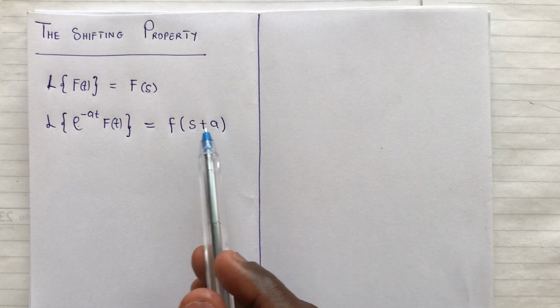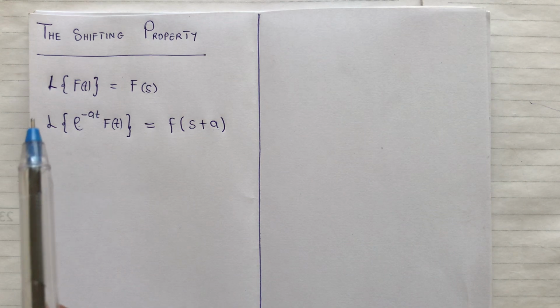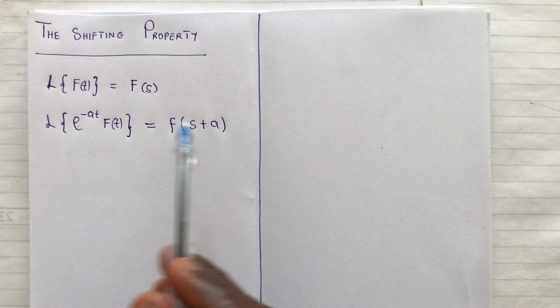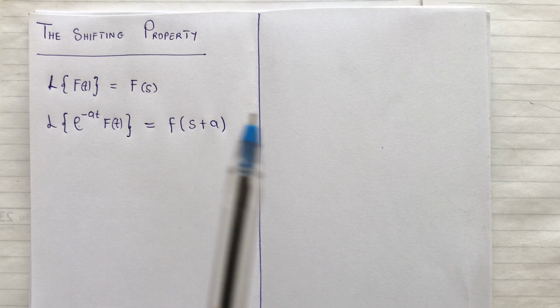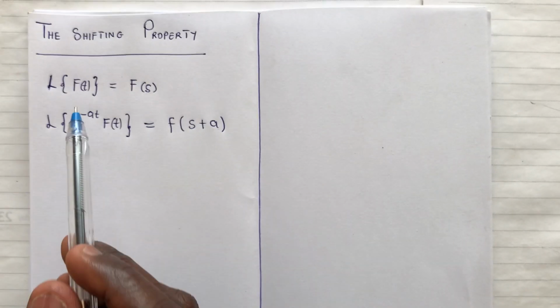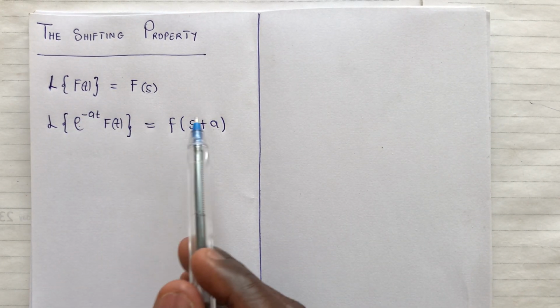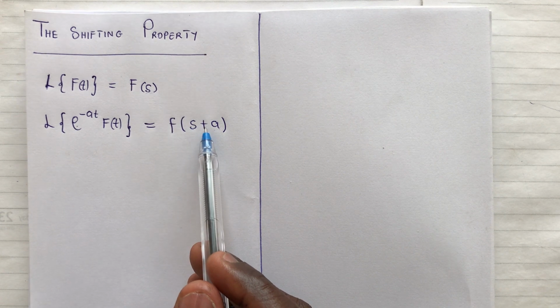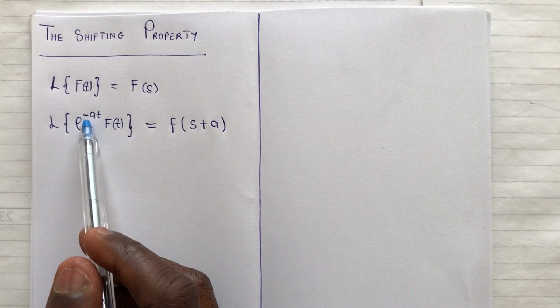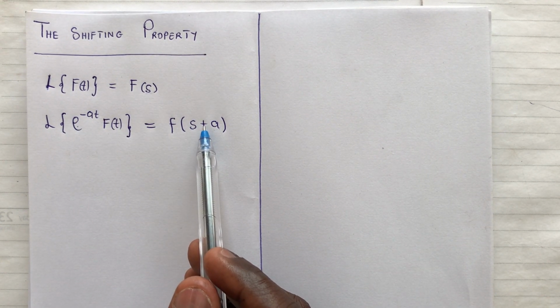Remember, this a is coming from here. Now, I repeat, this a is coming from here. Another thing you must notice is that if this side is negative, then there is addition here. And if this side is positive, this side becomes negative.